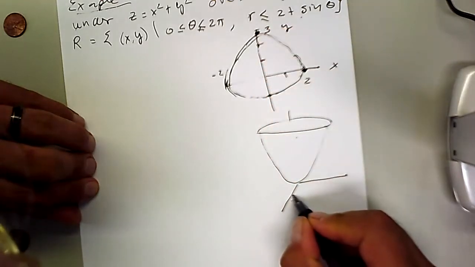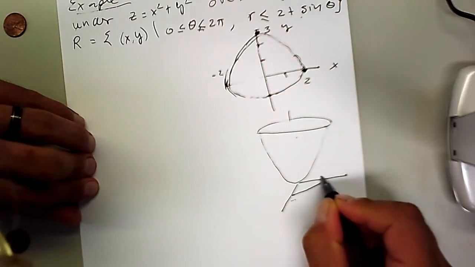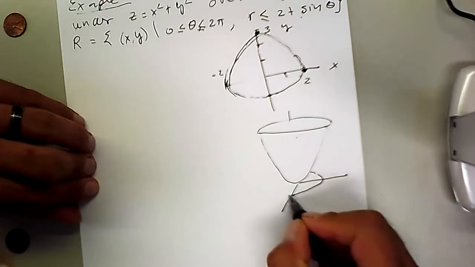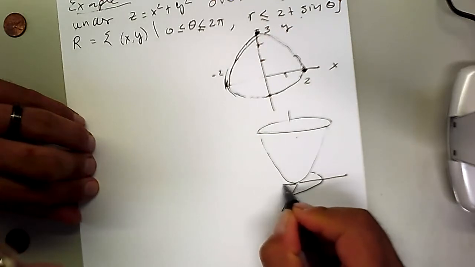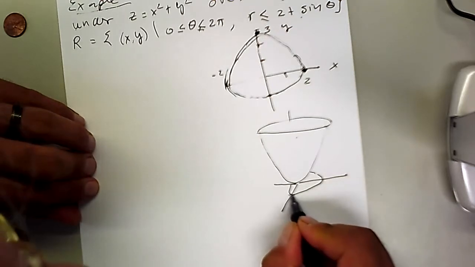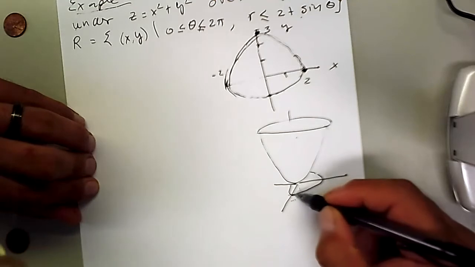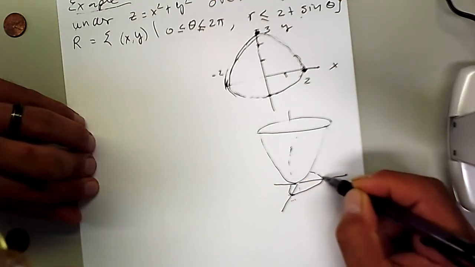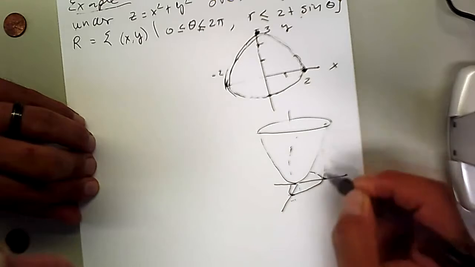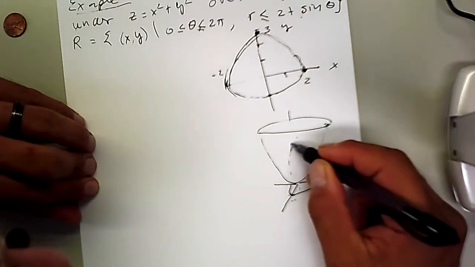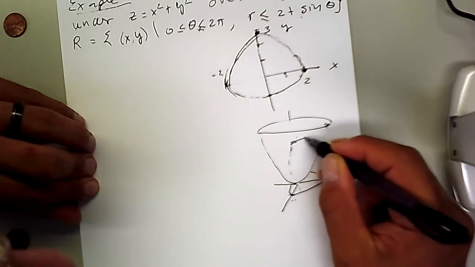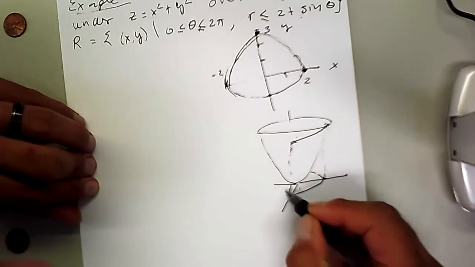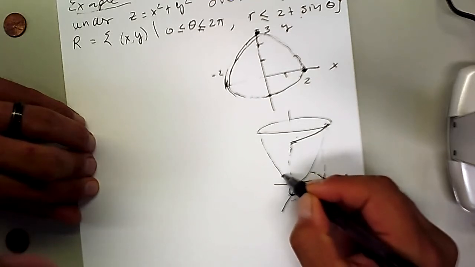So we go from 2 to 3, and then here only to 1. So this picture is going to go up to here. This is going to go higher because it goes farther out. Who knows how this is going to look. And then here in the back, it's going to go low.